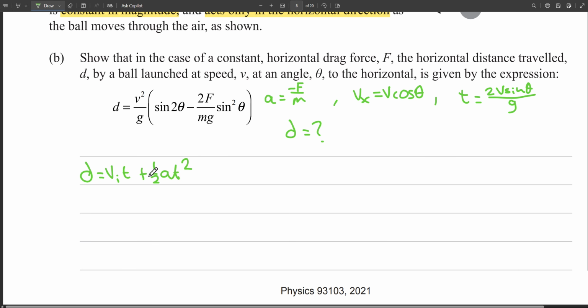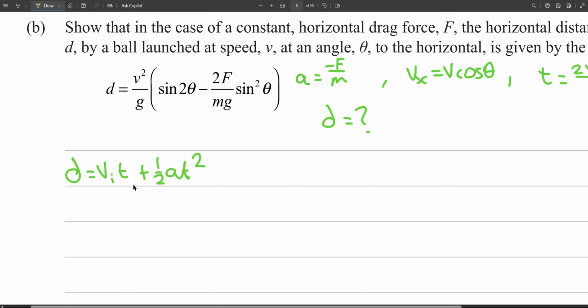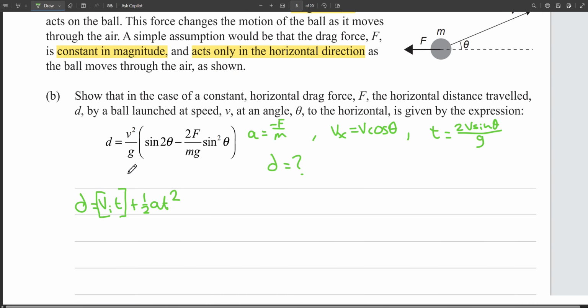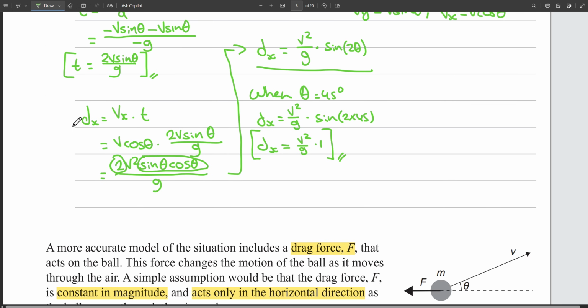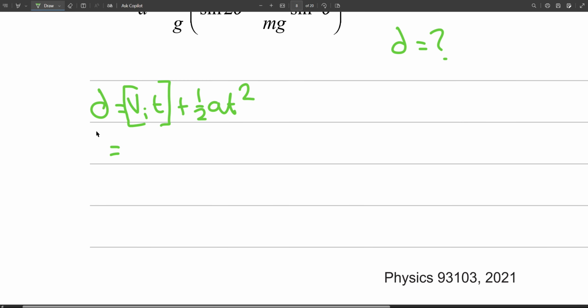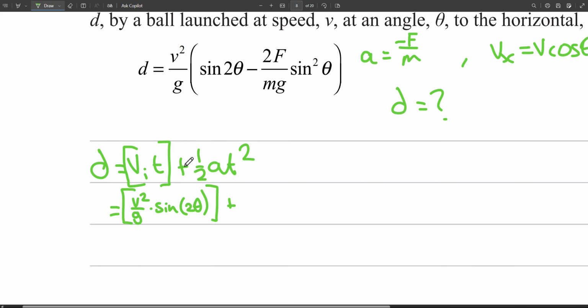Check this out. The vi t component will end up becoming v squared on g times sine of 2 theta, because that's literally what we did to find the horizontal distance. We did velocity times time, and we're dealing with the same direction here, which is the x direction. Now we can start doing the direct substitution into half a t squared.